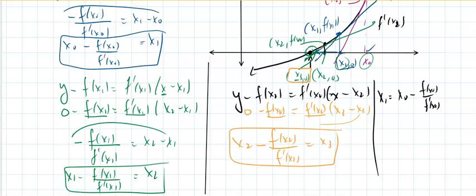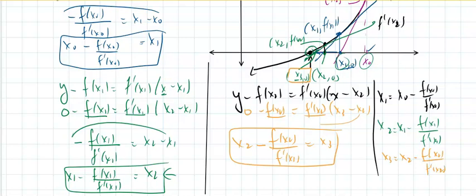From the green, I'm saying x sub 2 equals, starting with this, x sub 1 minus f of x sub 1 divided by f prime of x sub 1. And from the orange, I'm getting x sub 3 equals x sub 2 minus f of x sub 2 divided by f prime of x sub 2.